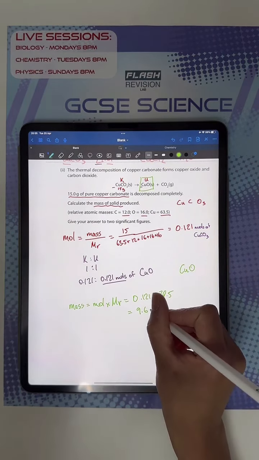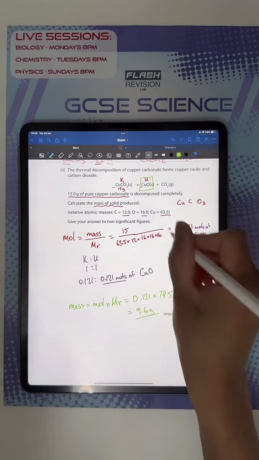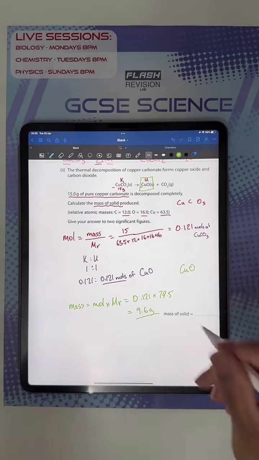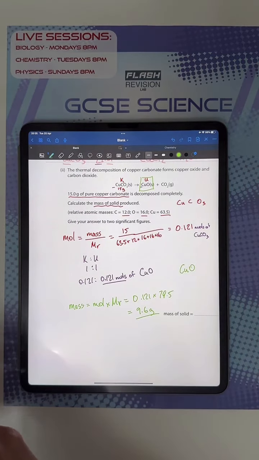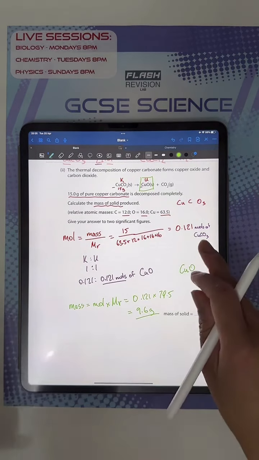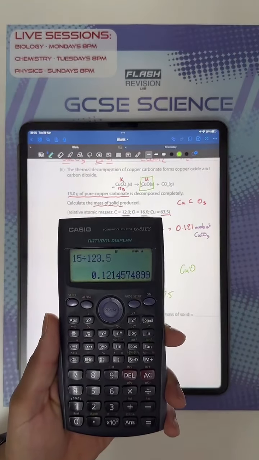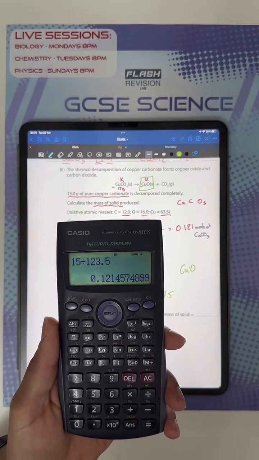It's not going to be exact. It's saying to two significant figures. It's not going to be exact because it depends where you round it. When you do 15 divided by 123.5, you don't get exactly 0.121. You get 0.12145748999.